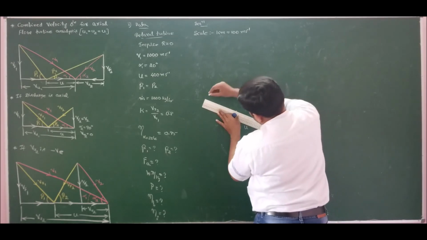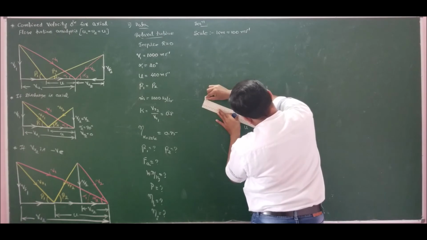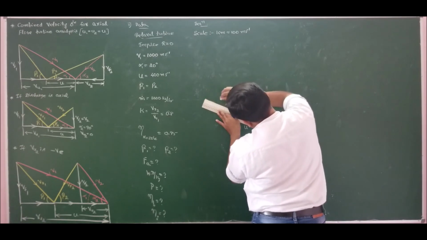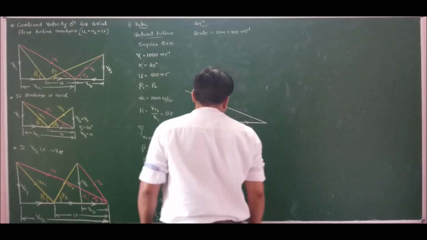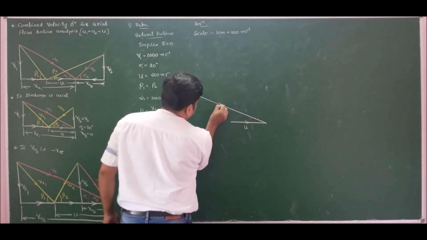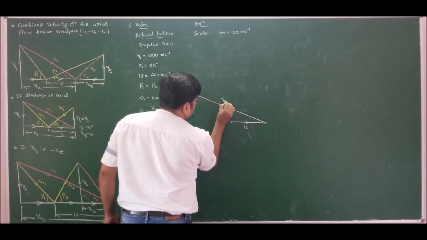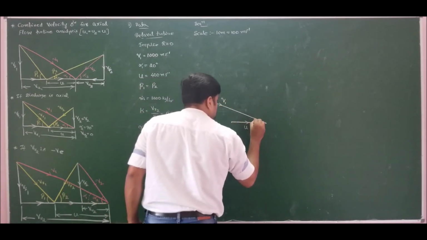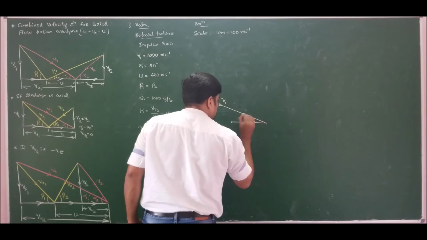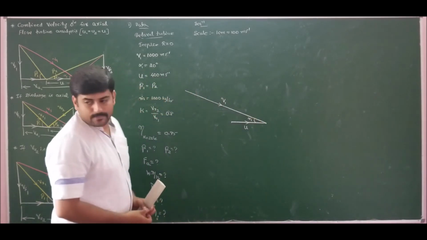Draw a line to a length of 10 centimeters. Thereby I have drawn v1 at an angle of alpha 1. So this is the given data.